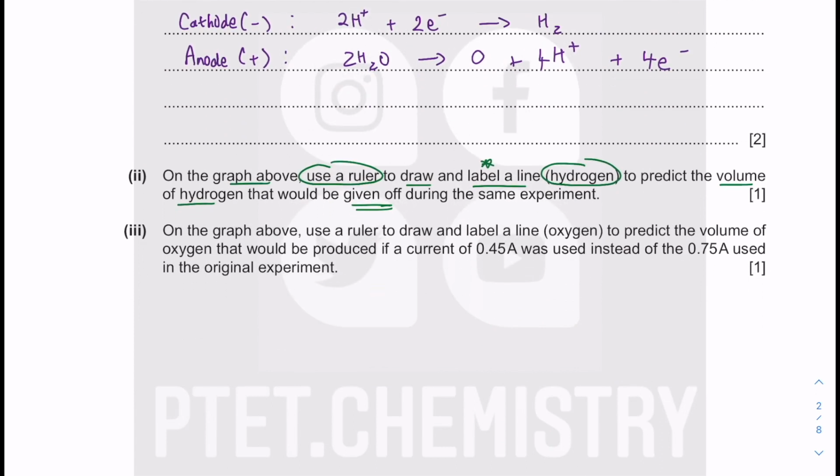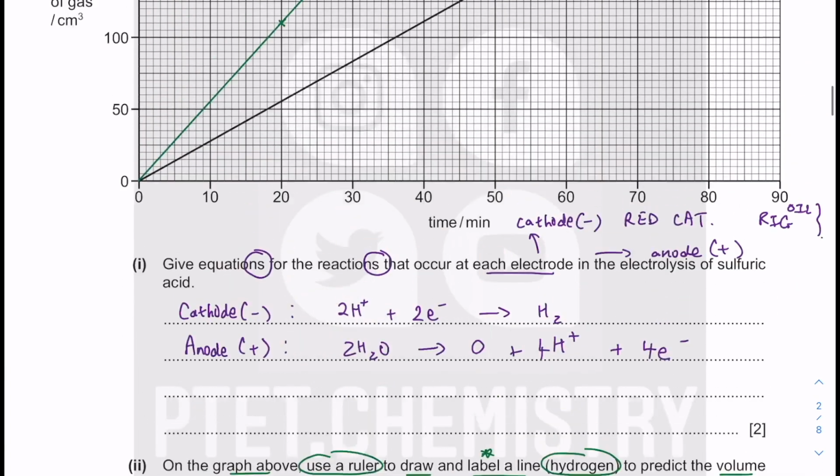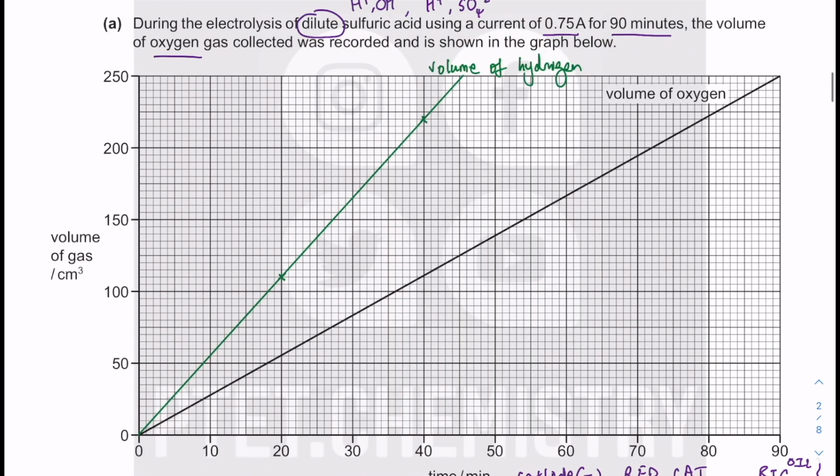And then on the graph above, use a ruler to draw and label a line for the oxygen. Predict the volume of oxygen that will be produced if you use 0.45 ampere instead of 0.75 ampere. So the original experiment is for the 0.75 ampere. So this is 0.75 ampere, that's the volume of oxygen produced.